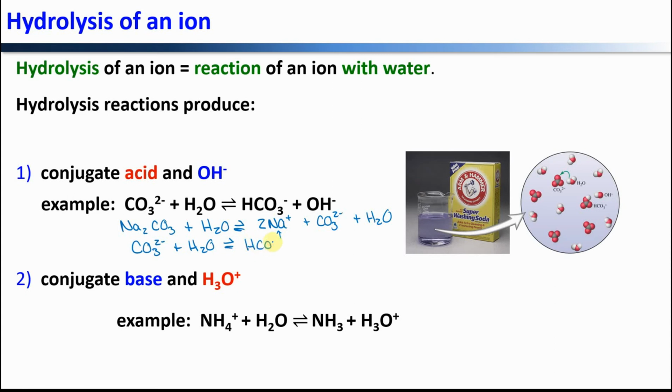So this is the reaction that I have written up top. So what do I know about this? Well, I've formed OH minus. That means this conjugate acid is much weaker than this OH minus. So adding this to my solution is going to make it more basic.